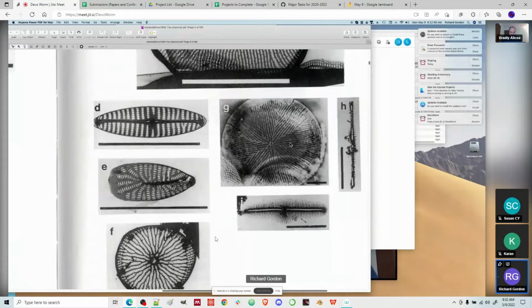Looks almost like a sand dollar. Yeah, a little bit. These things can be up to 0.5 millimeter in diameter. The centrics you get mostly in the ocean. The pennates, the long, narrow ones, you get mostly in freshwater.